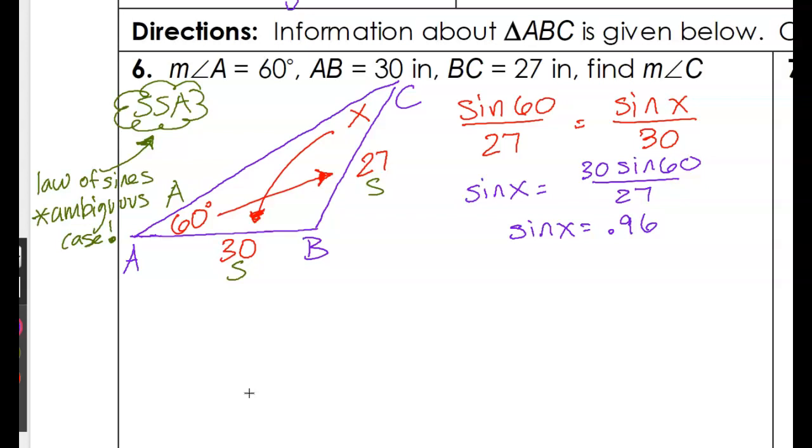Sorry, what's that? What do we have to do? How do we get the angle here? Oh boy.